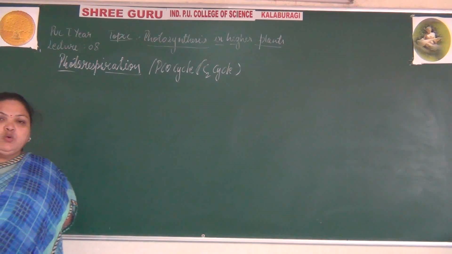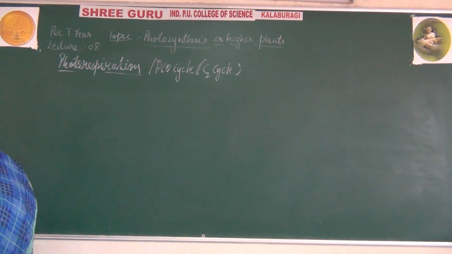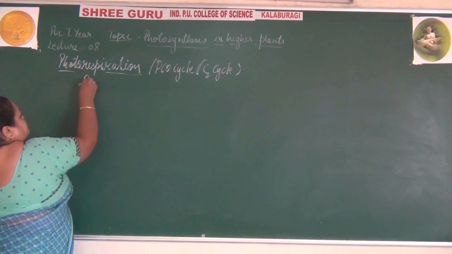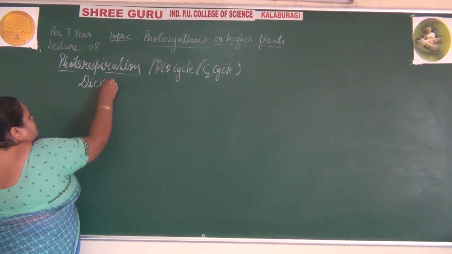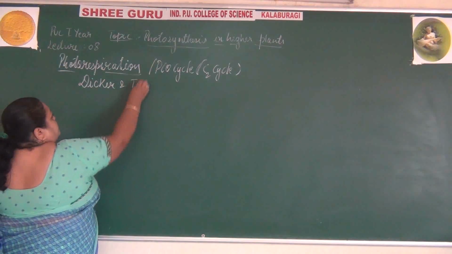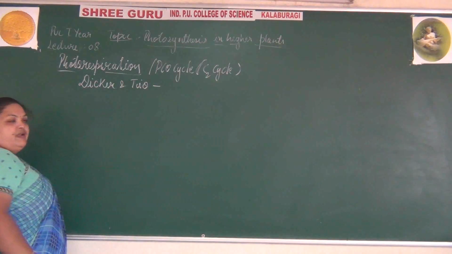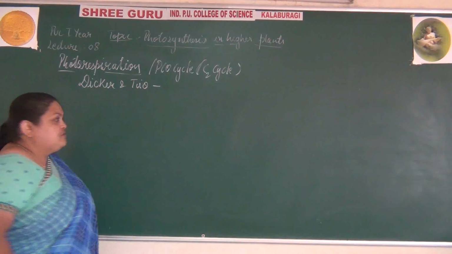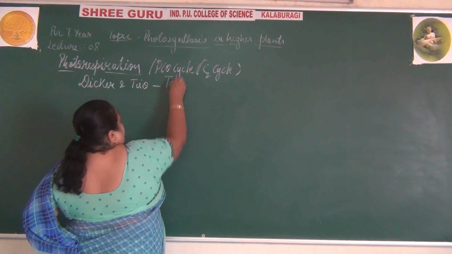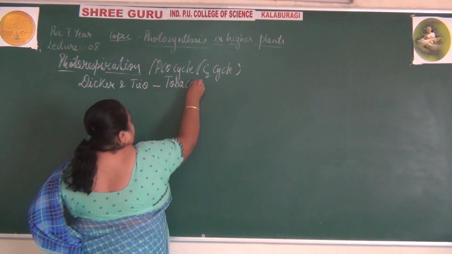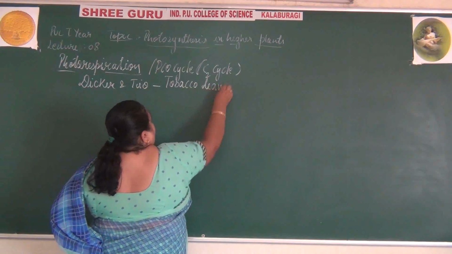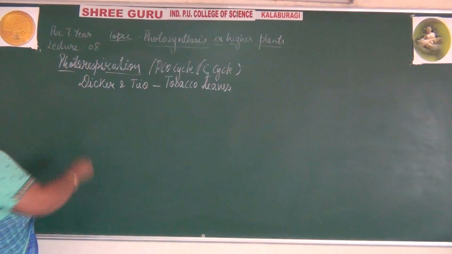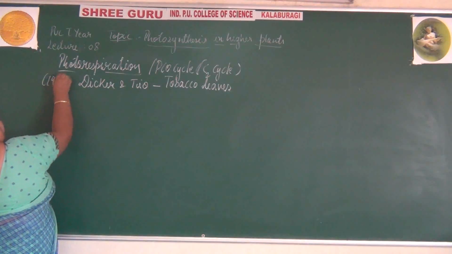The scientists who proposed this cycle, Decker and Tio, demonstrated it using tobacco leaves, around 1959.